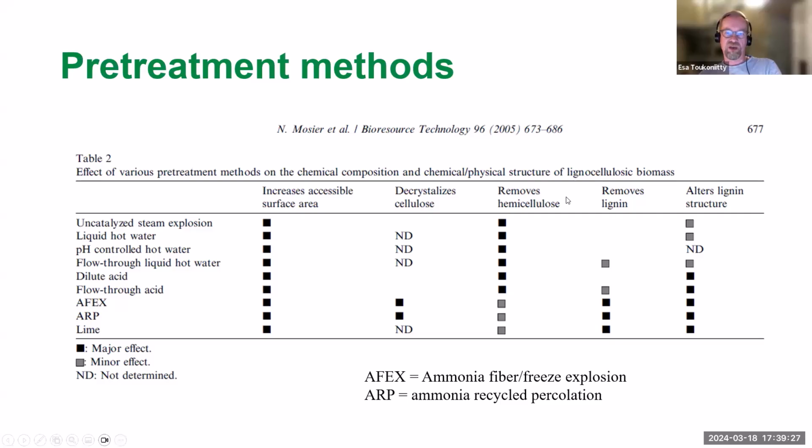The removal of hemicellulose: it's described in the textbook that hemicellulose, because it's amorphous, not crystalline, is more reactive and can be removed from the wood or the lignocellulosic material quite easily. You don't need to apply much more than very hot water, and the hemicellulose part will dissolve out into the liquid phase.